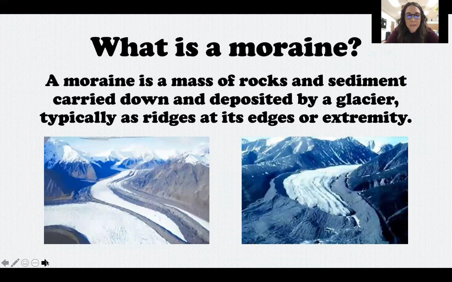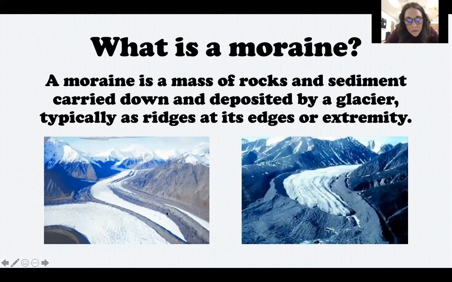A moraine is a mass of rocks and sediment carried down and deposited by a glacier, typically as ridges at its edges or extremities. So in these pictures, this right here is showing where the glacier moved through the land. And this ridge of sediment that is piled up, that's a moraine.